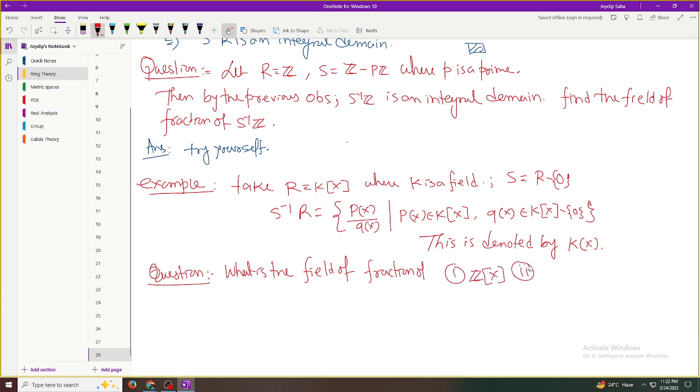Number 2, Z[i]. Number 3, k[x,y] modulo y minus x square. So can you answer these questions?